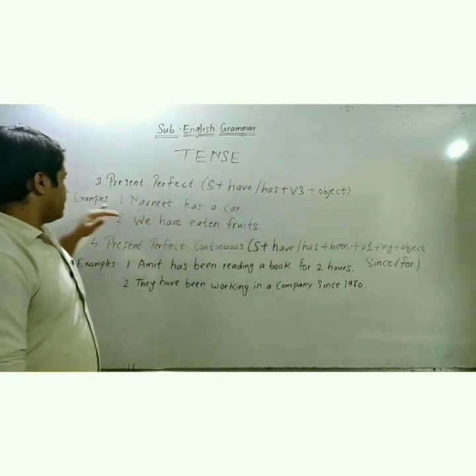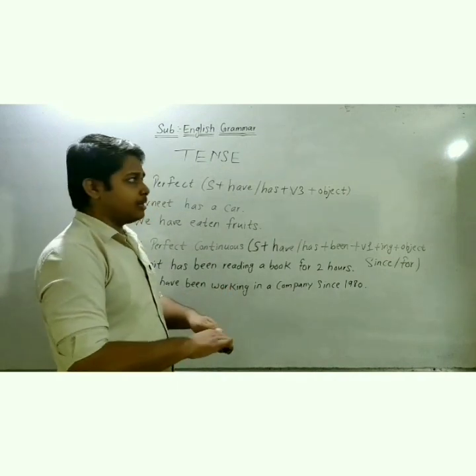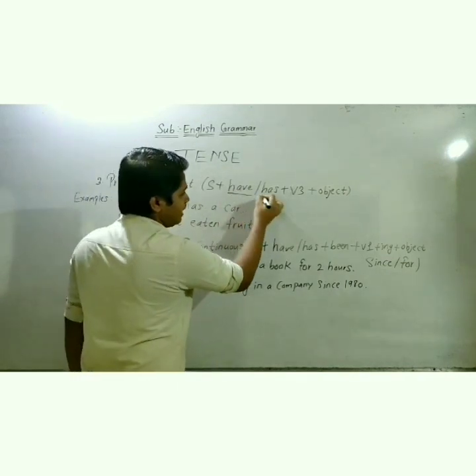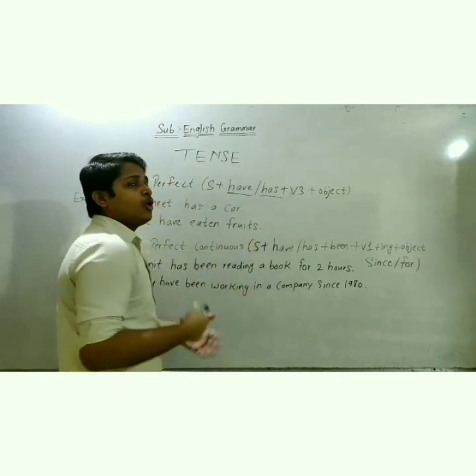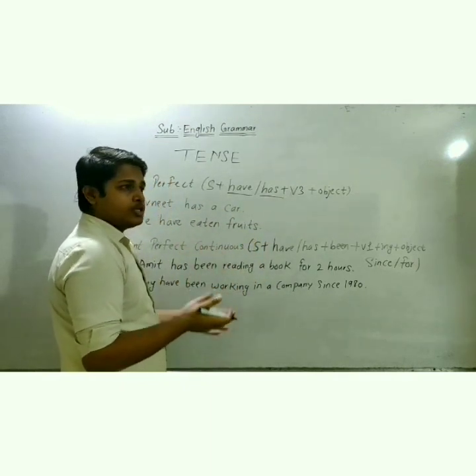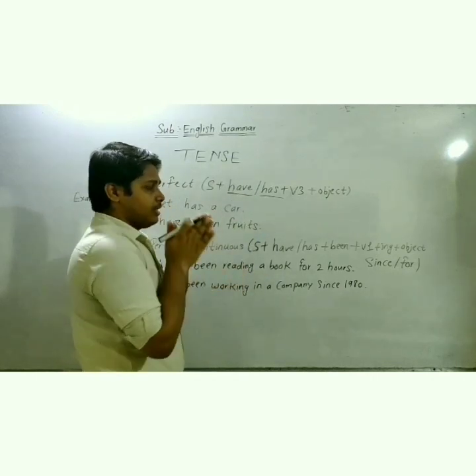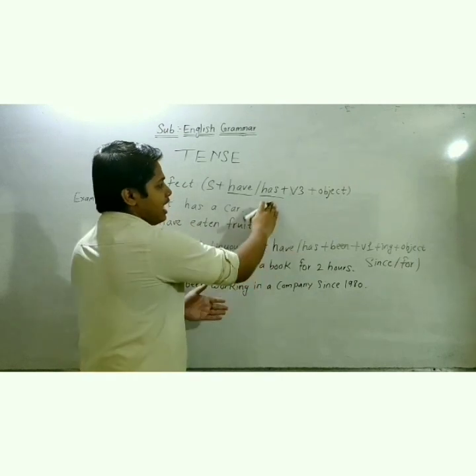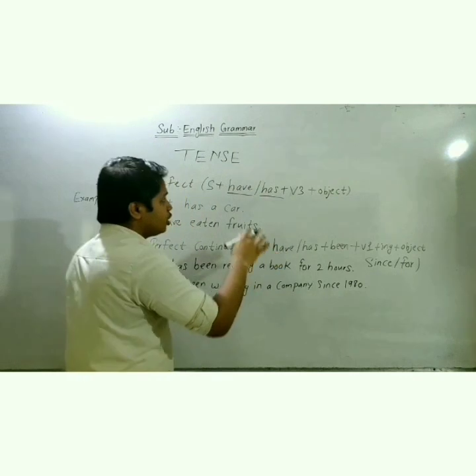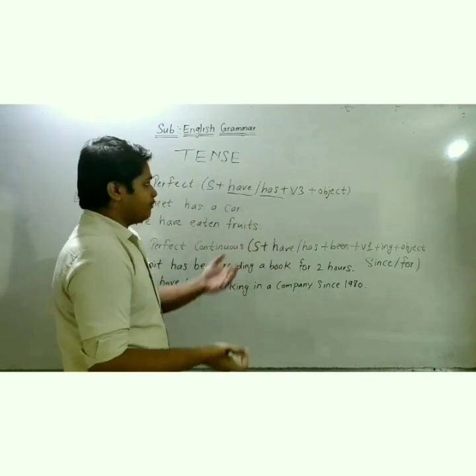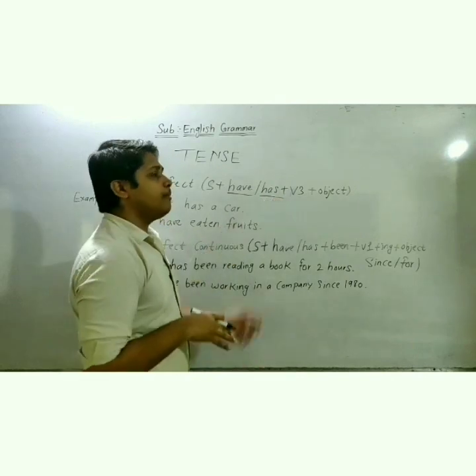Before starting the examples of the present perfect tense, I'll tell you about have and has: what kind of subject we have to use after have, and what kind of subject after has. See it properly, because it is very important to know where we have to use have and where we have to use has according to a particular subject.